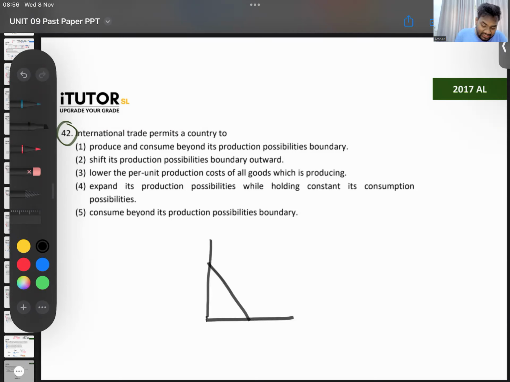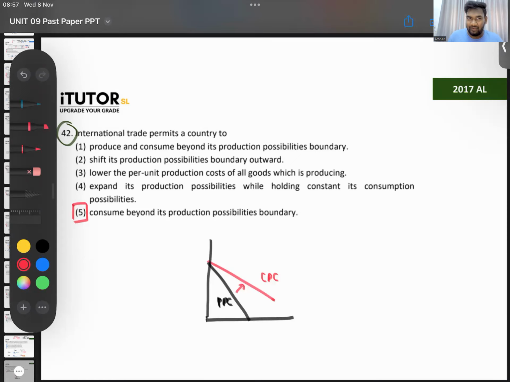But because of international trade, you can consume outside your PPC, so this becomes another curve, your CPC. Even though you produce a certain amount, when you exchange, you can consume at a point outside. That is what you call gains from exchange. We have learned that in our theory as well.